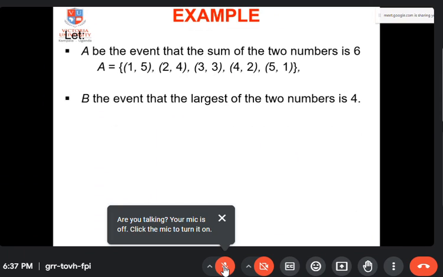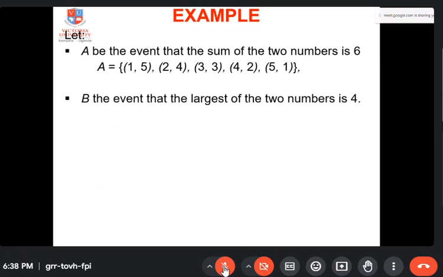We are looking at all the 36 possible points. So 2-4 is one of them, but there are so many others. There is also 4-2. I'm saying this one is not related to A, which is a sum of 6. This is a different event.